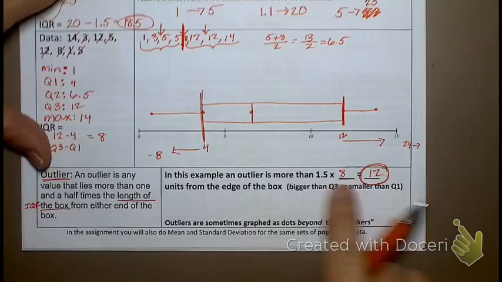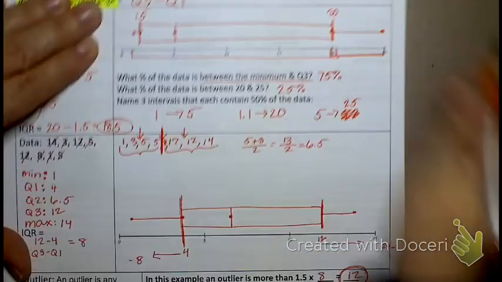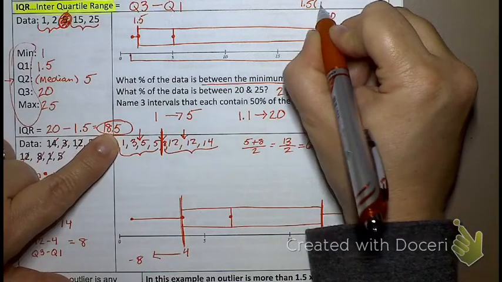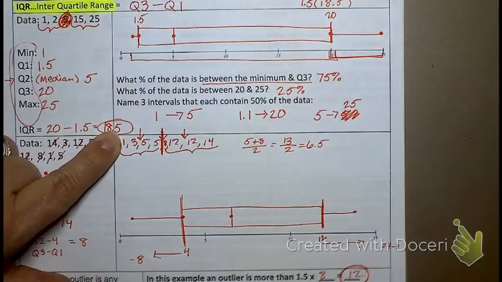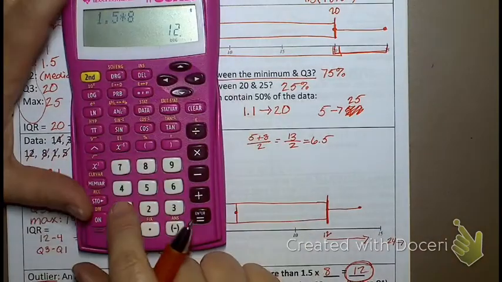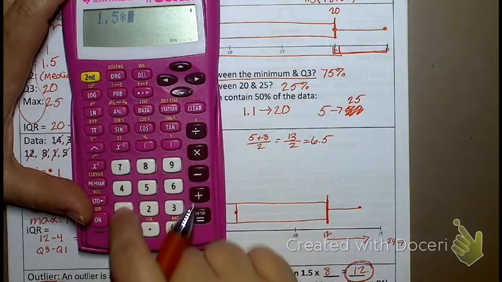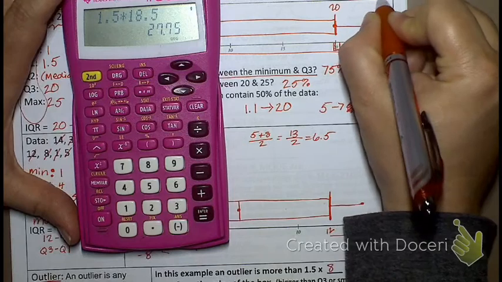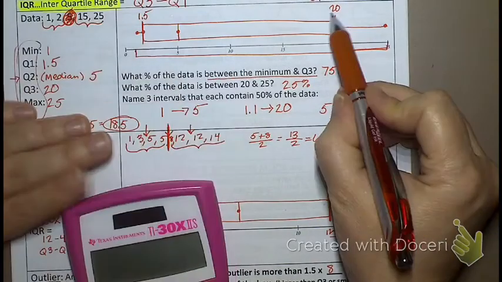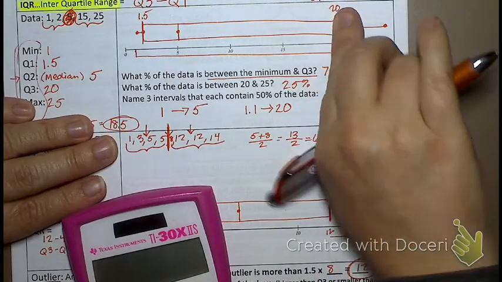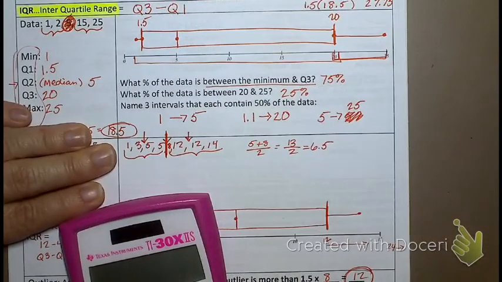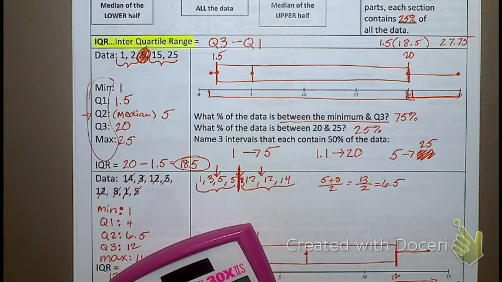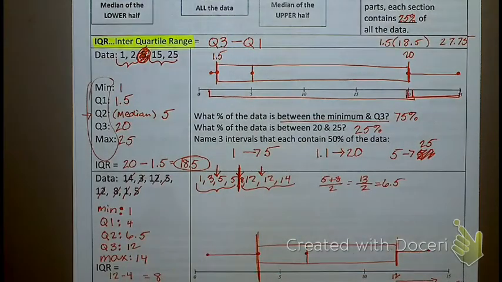And so to find my outlier info, I would take 1.5 and multiply it by the IQR, which is 18.5. 1.5 times 18.5 gives me 27.75. So 27.75 units past the 20, or on this side of the 1.5, would give me values that are considered outliers.